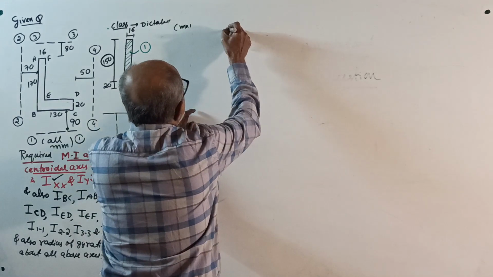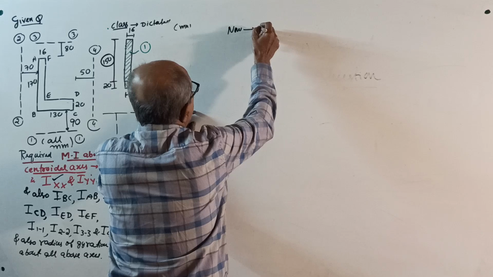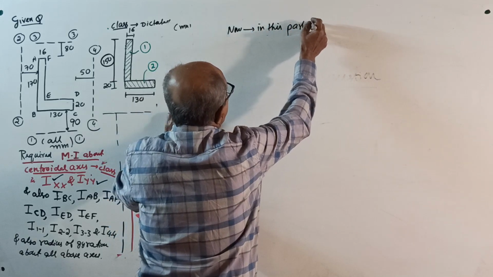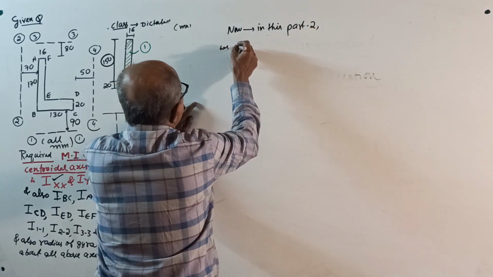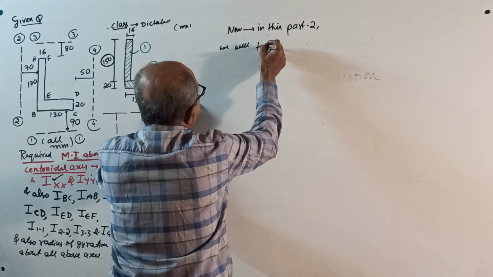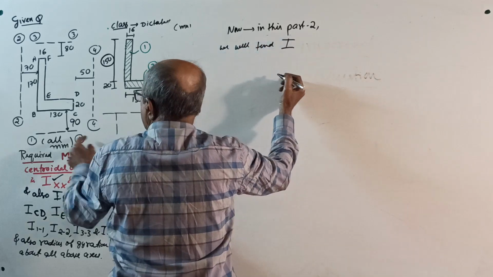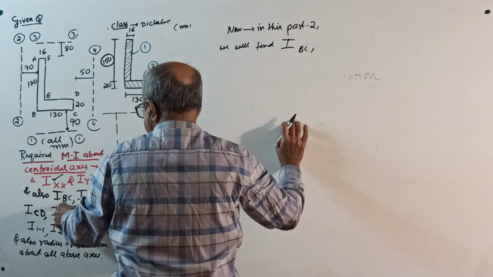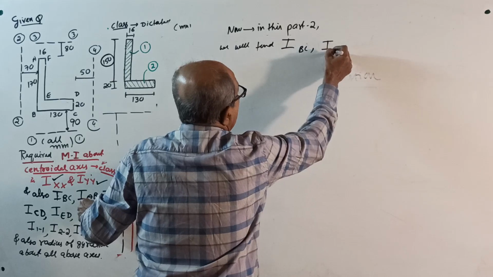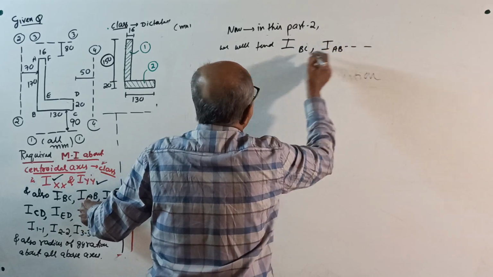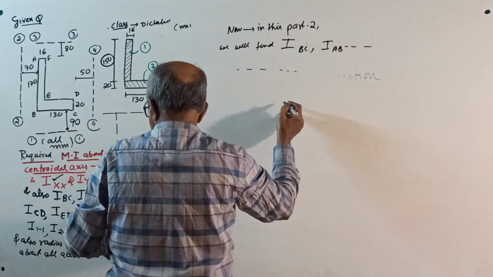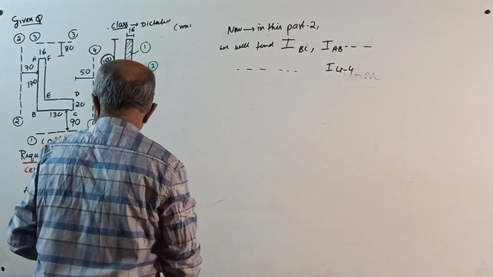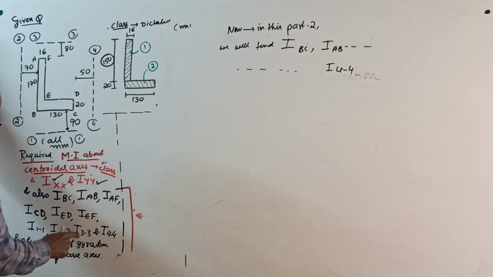Now means in this part 2, we will find I about BC, I about AB, etc., lastly up to I44. All of these we will find.